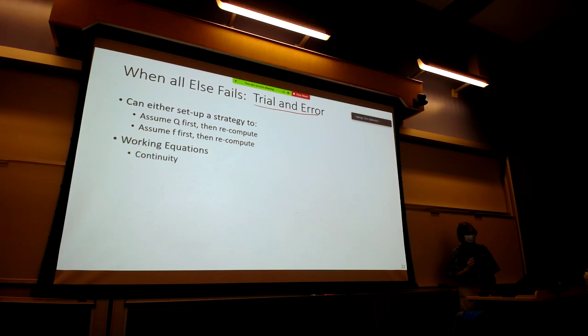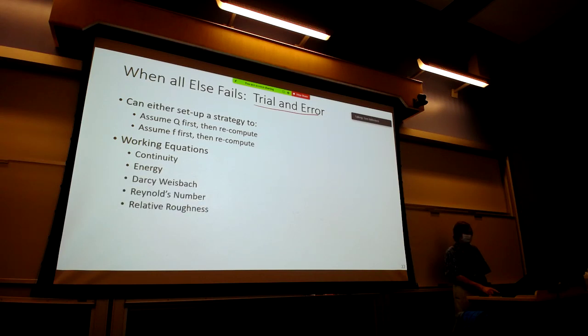The working equations, no matter which way you do this, whether you're guessing discharge or friction factor, are continuity, energy, Darcy-Weisbach friction factor, Reynolds number, and relative roughness. No matter which method you do, these are the equations you have to use. And again, we're still in the discharge constant problem.